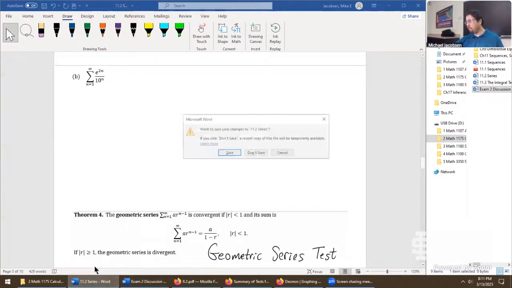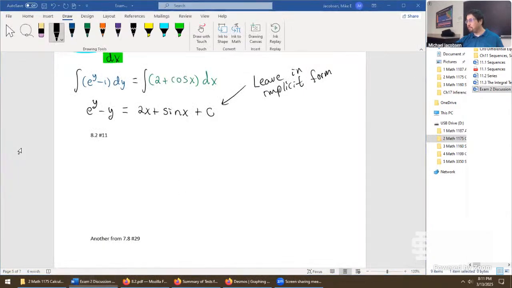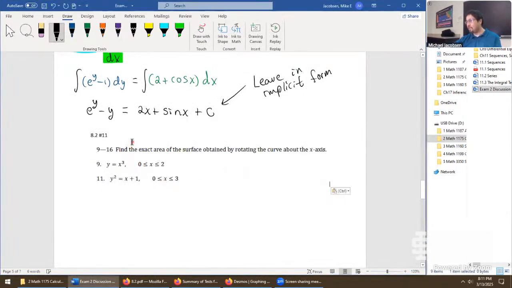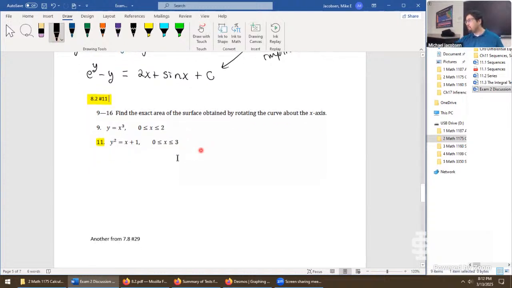Let me close that. That can possibly free up some performance on Microsoft Word. Okay, so 8.2, doing number 11. Exact area of the surface obtained by rotating the curve about the x-axis.